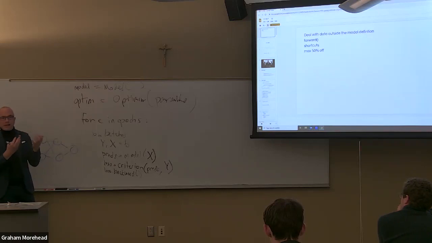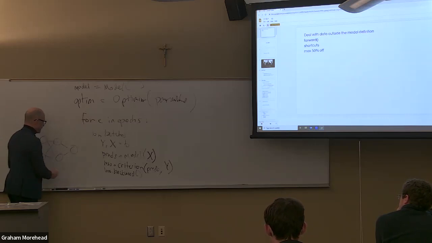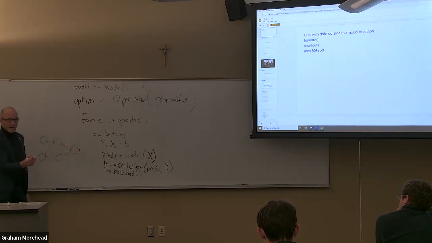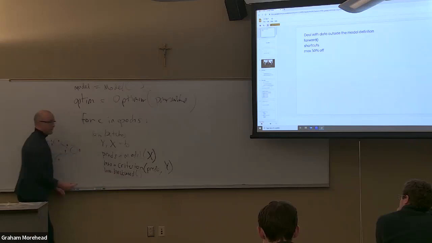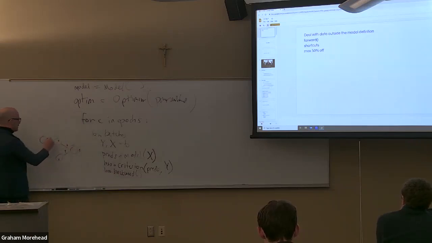Actually, some of them will cancel each other out, and maybe it averages out to this thing needs to be a little bit higher, like the bias in here needs to be a little bit higher. And then using the chain rule we looked at before, maybe this weight needs to go down a little bit. This needs to go up, and this one needs to go down, and this one needs to go up. By the end of the backward function, it's recursively going through here, and every one of these parameters knows which direction and how far the gradient is telling them to go.